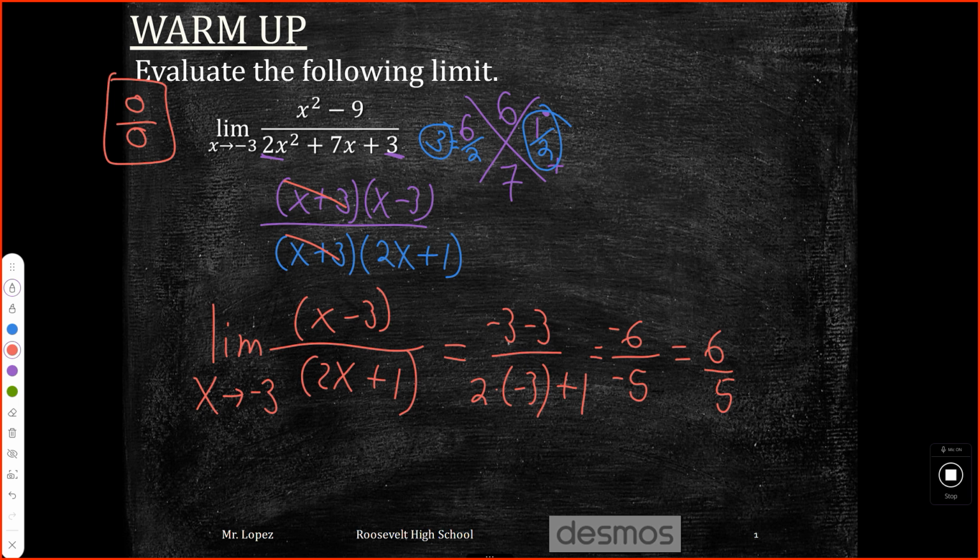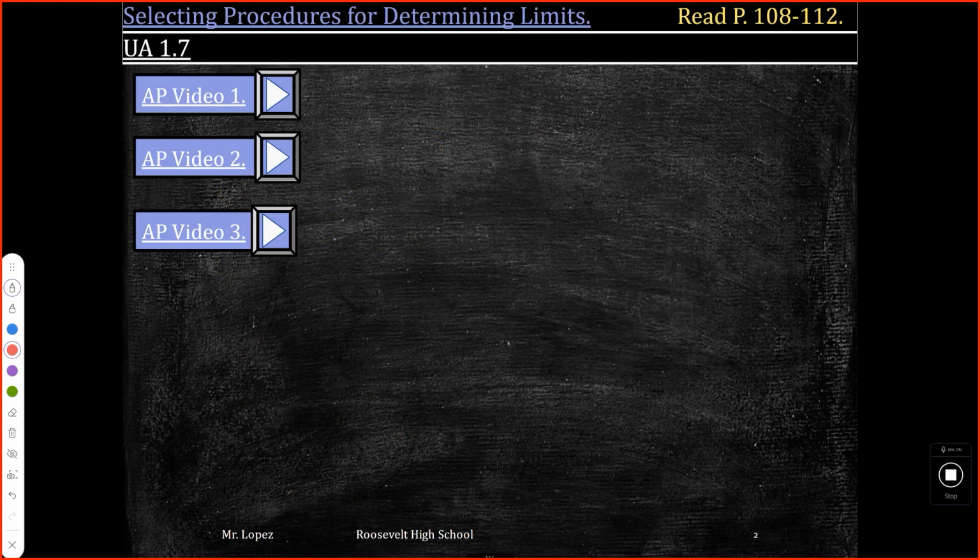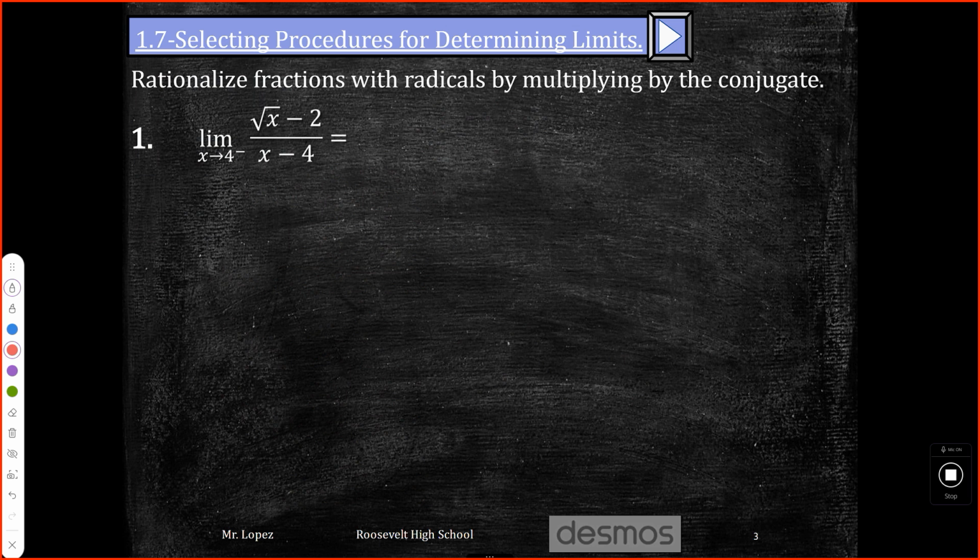Okay, so let's now continue on with today's lesson. So today we're doing selecting procedures for determining limits. Lesson 1.7. What if we have something with radicals? We have a fraction here dealing with radicals.